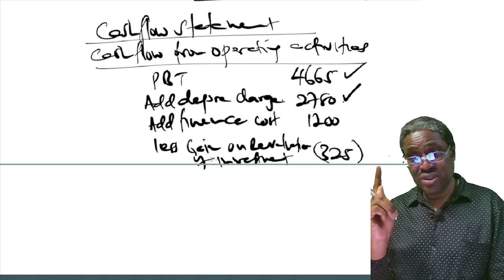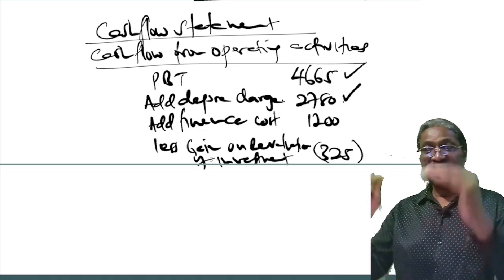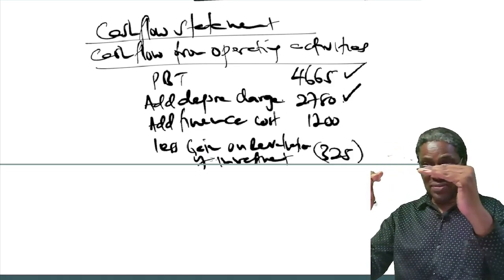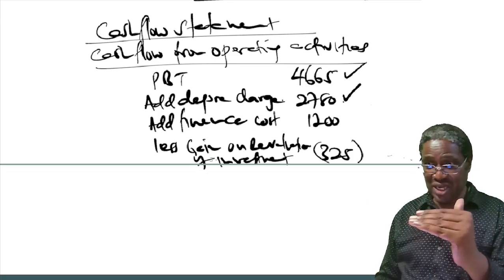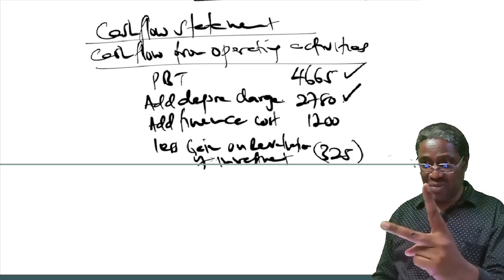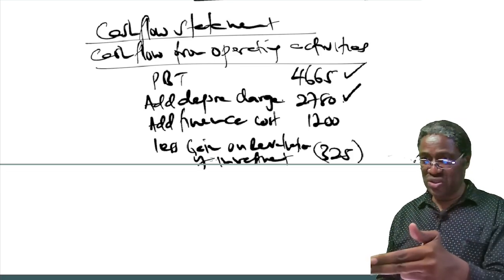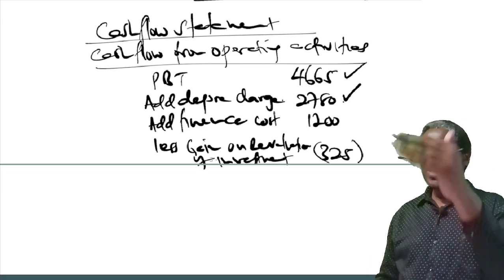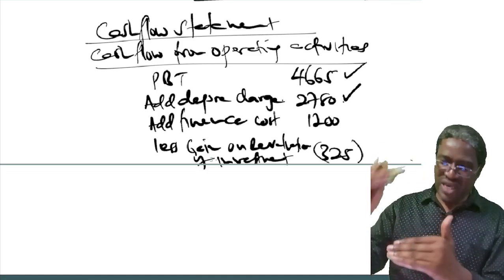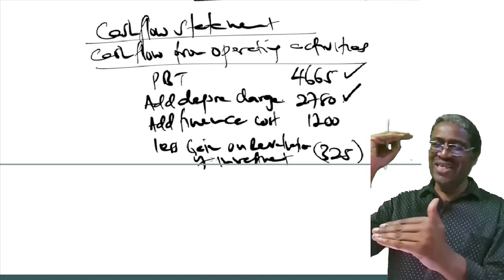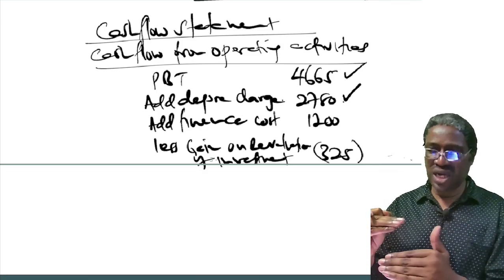So, I've said, take the profit before tax, identify the non-cash items. Two of them are a must: depreciation and finance cost. Then I've said, go back to the income statement, see whether there is any other non-cash item.